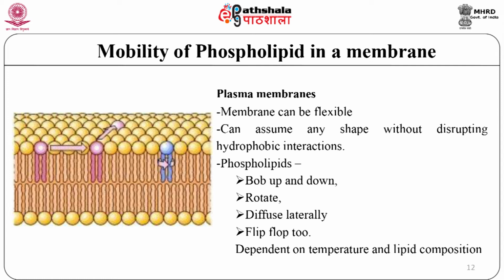Therefore, membranes containing shorter fatty acid chains are less rigid and can remain in a fluid state at lower temperatures also. In the case of unsaturated fatty acids, double bonds introduce a twist in the fatty acid chains, making it difficult to pack them in a bilayer.